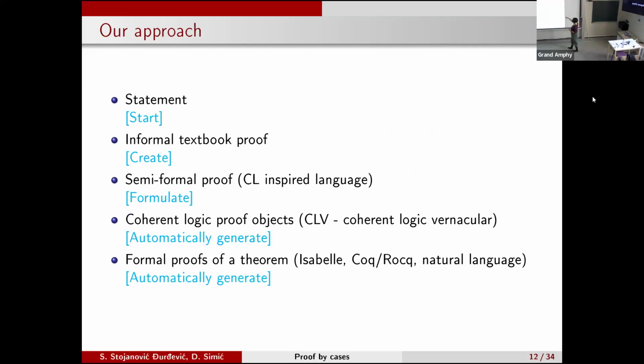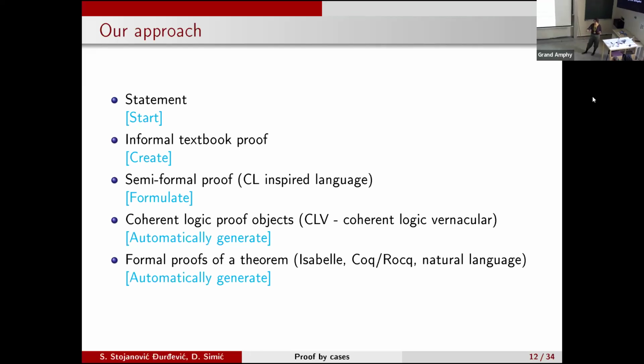So this is our approach. The first 3 steps have to be done by hand. You need to start with a statement. Of course, we assume that you have an axiomatic system and a statement that are expressed in your language.